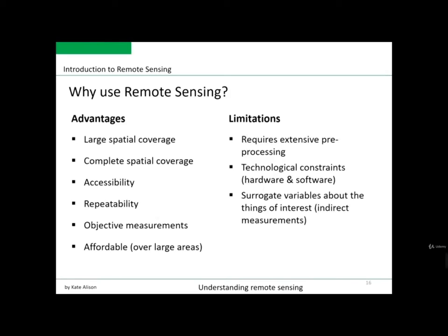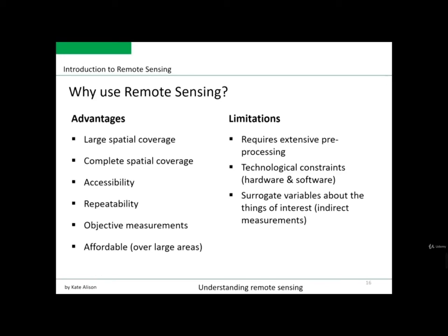At the same time, there are different limitations of satellite remote sensing that one has to bear in mind when applying this technology. Remote sensing data requires some preprocessing. Well, I should say that this disadvantage was very important a few years ago, but currently most of the data providers provide satellite data products already processed and ready to be used without any additional processing.